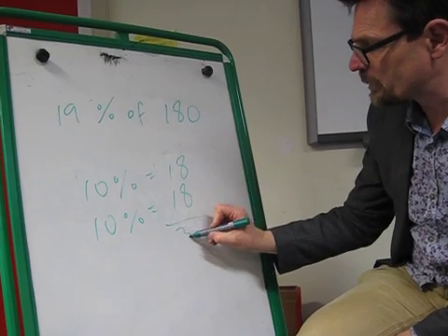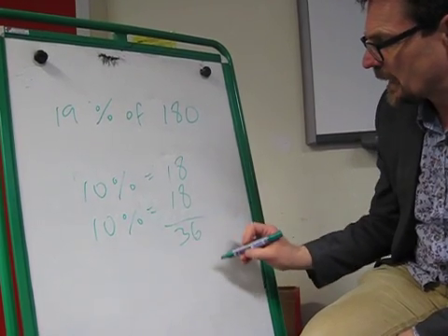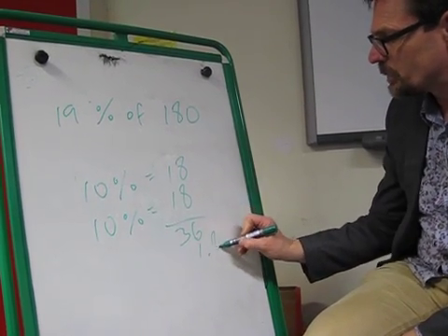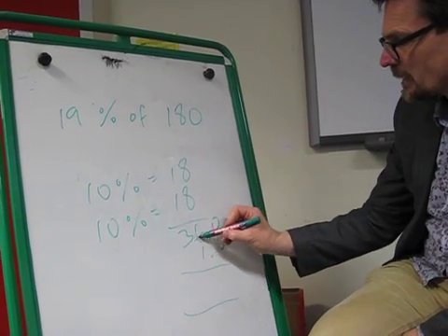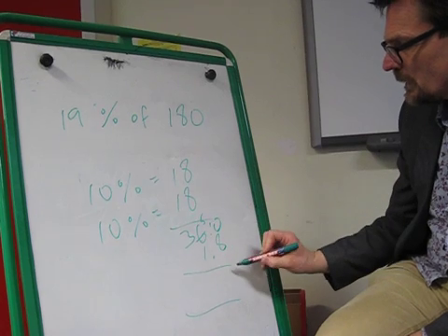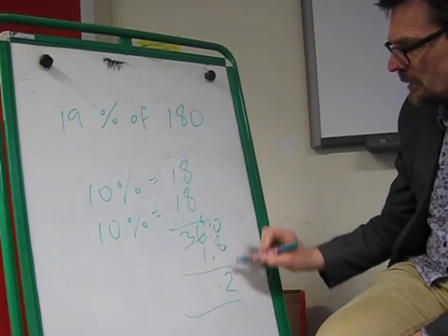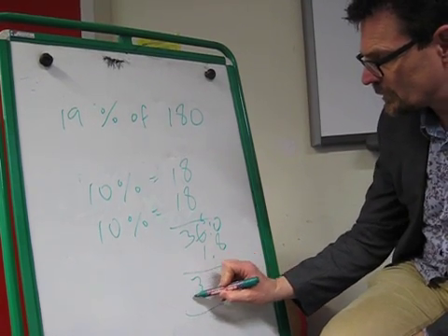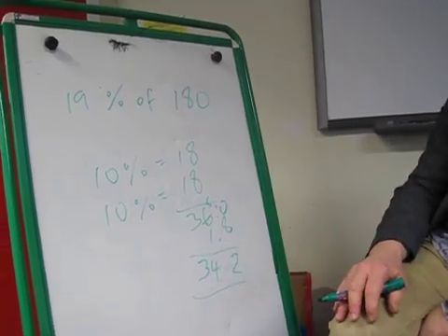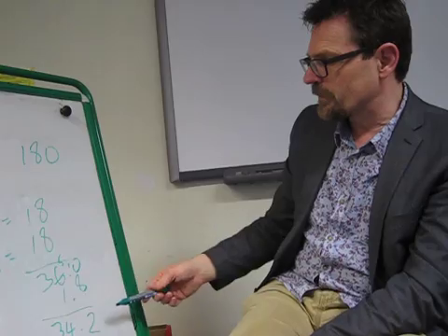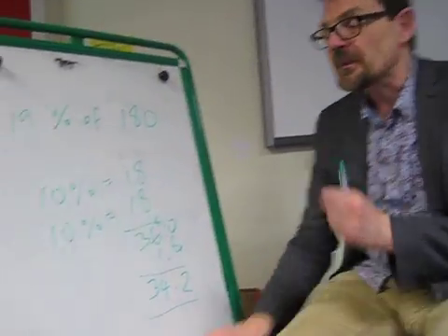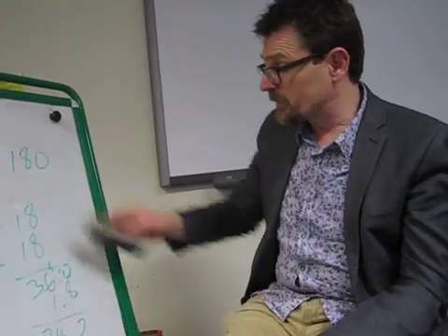So 36 take away 1.8 is 34.2. That's the easy way of finding a percentage.